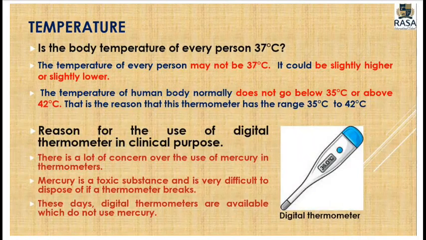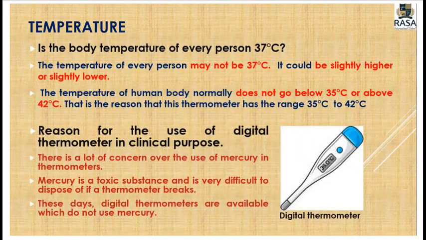By minimizing the use of the mercury thermometer as a clinical thermometer, because there is a lot of concern over the use of mercury in thermometers. Why has it been a concern?